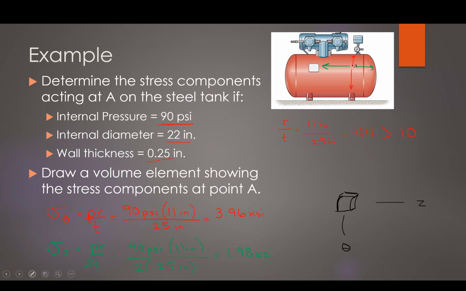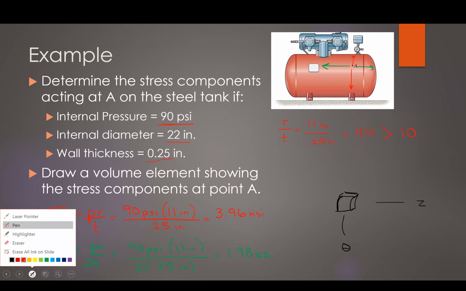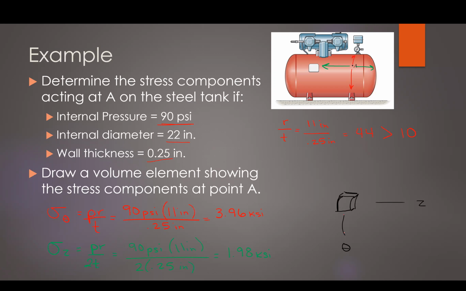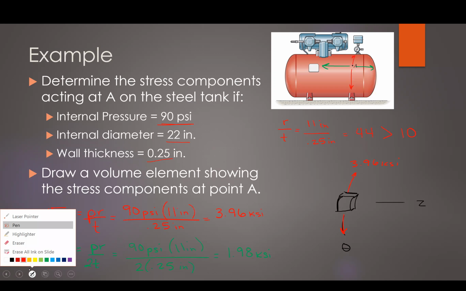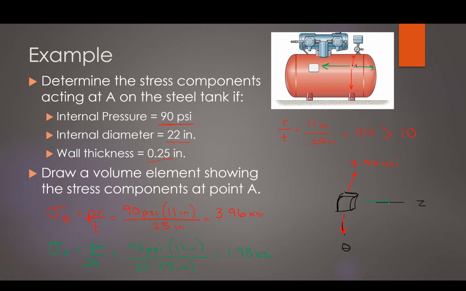Then what we're going to see is that the stress in this theta direction is a tension of 3.96 KSI, and the stress in the other direction, the Z direction, is 1.98 KSI, and those are the only stresses generated by the internal pressure on an element acting in that orientation.